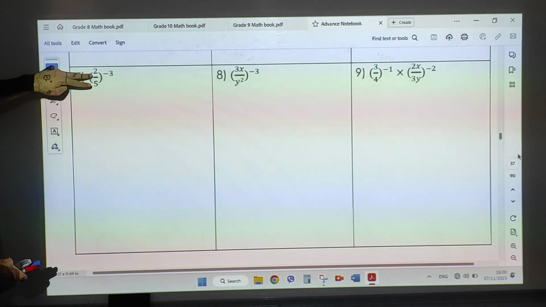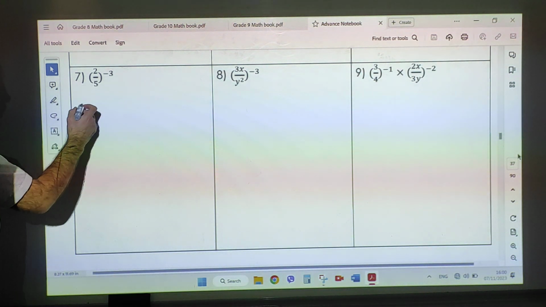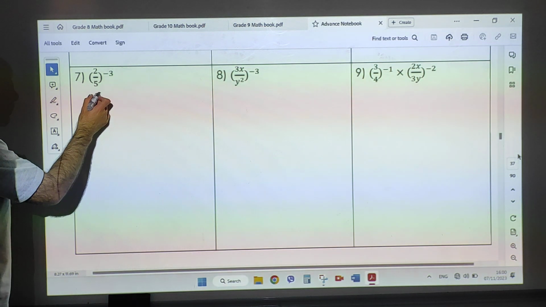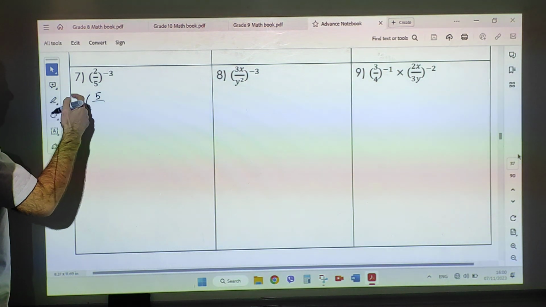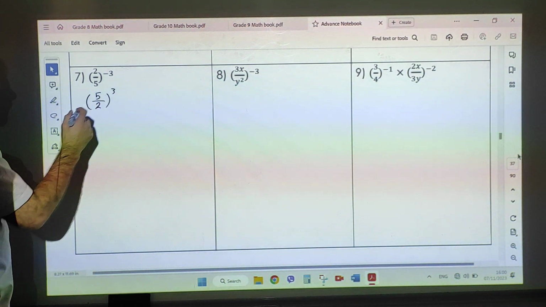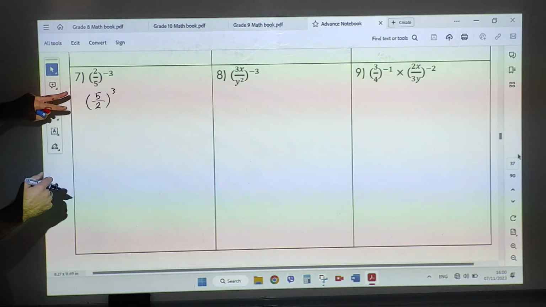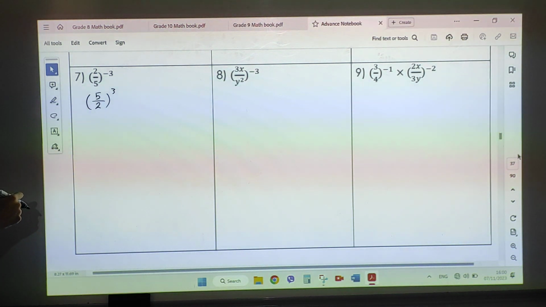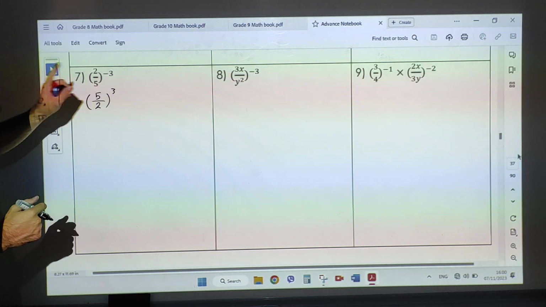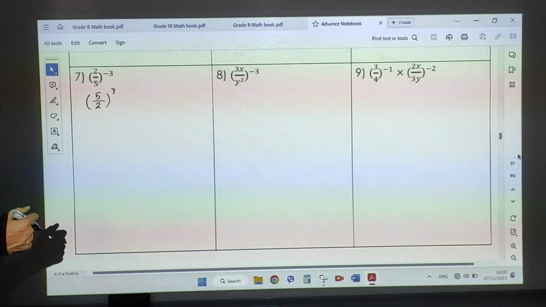We will flip the fraction upside down and make it 5 over 2. Then the power will be positive. This is always possible: when the power is negative, change it and the power will be positive. Only the power will change, nothing else will change from the sign of the numbers.